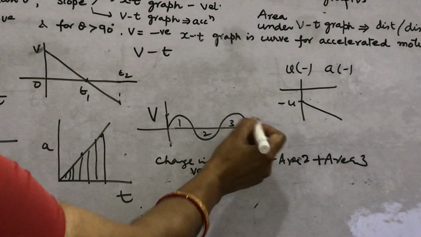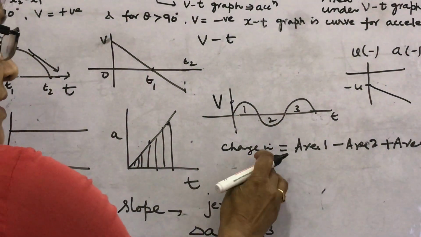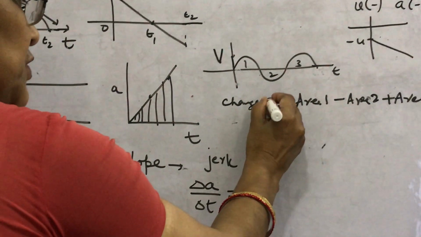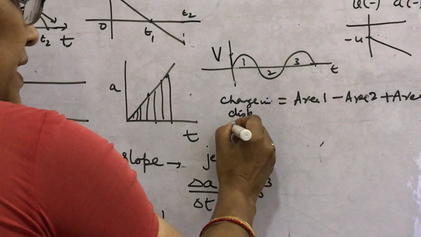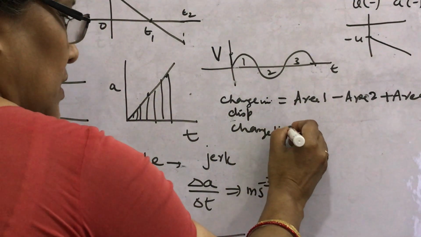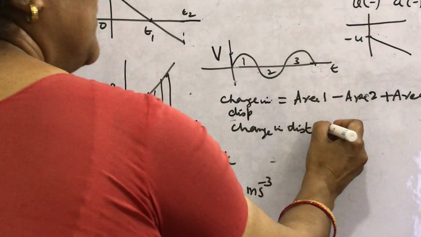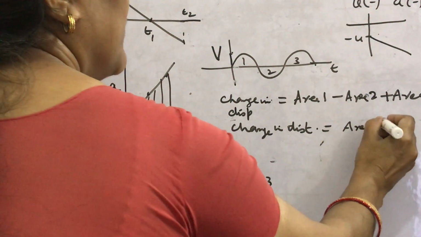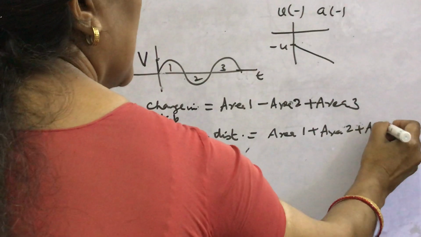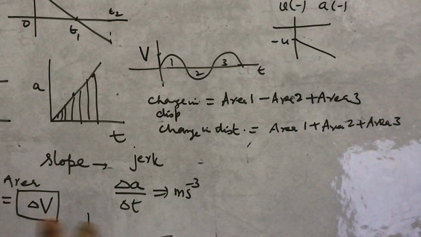For displacement, you have to subtract the areas. If it is asked for distance, then distance is never negative, so what will you do here? Area number 1 plus area number 2 plus area number 3. In this way you have to take the sum.